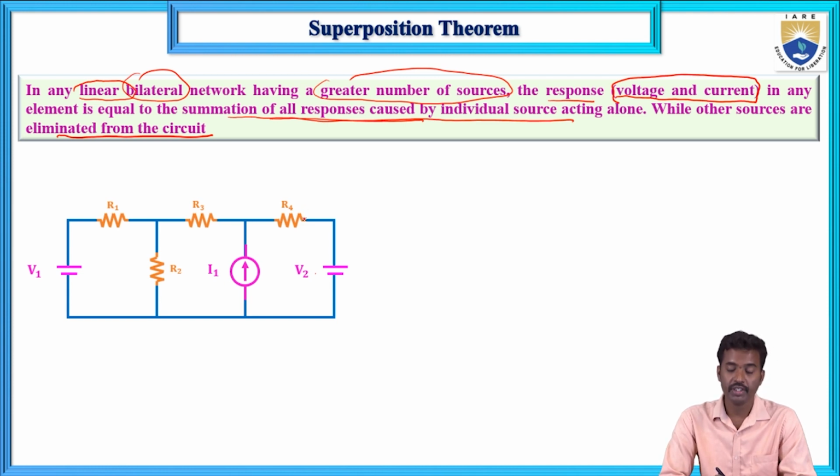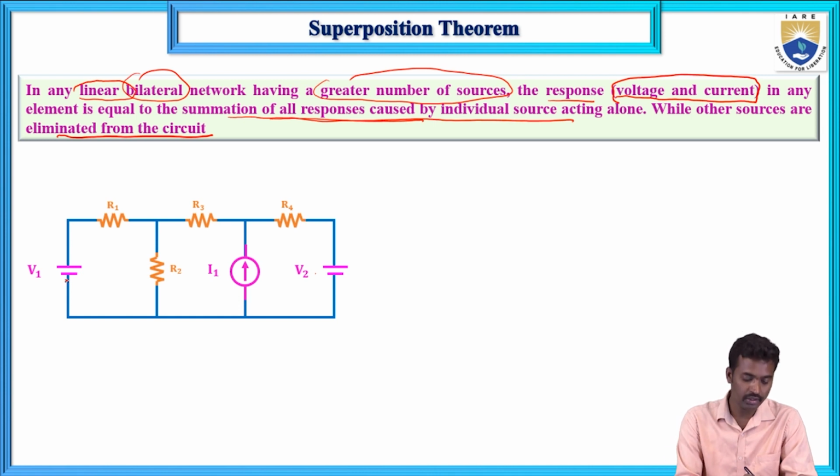There are two limitations. We cannot apply the superposition theorem to a single source network, because with only a single source we will not get individual source responses.